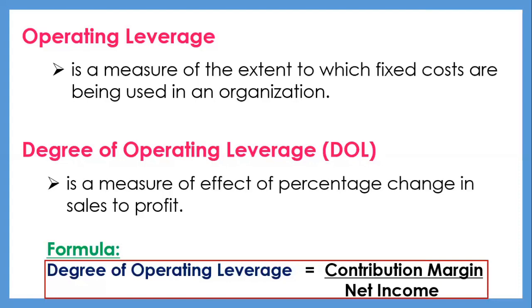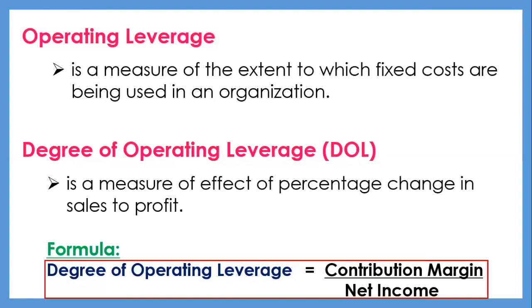Now, the degree of operating leverage is a measure of the effect of a percentage change in sales on profit. Managers can quickly estimate the impact of the percentage change in sales without the necessity of preparing a detailed income statement.